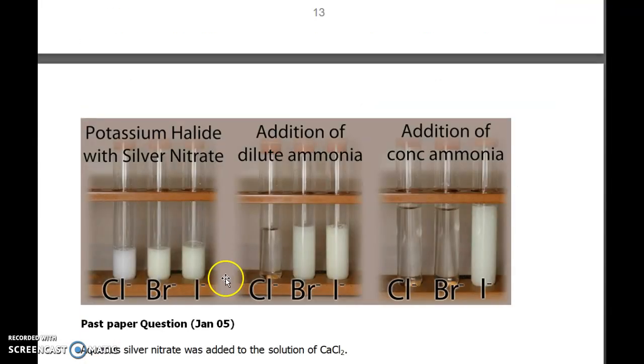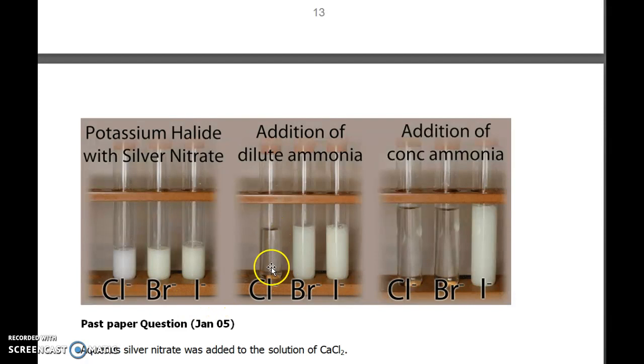And here we've got a nice little picture. So each of the potassium halides with silver nitrate, so we've got chloride, bromide and iodide. And again, it's going from white to cream to a yellow colour. Again, it's a very pale yellow, granted.